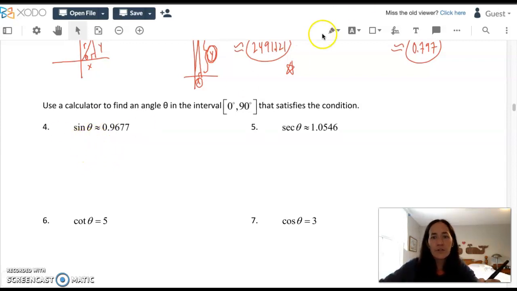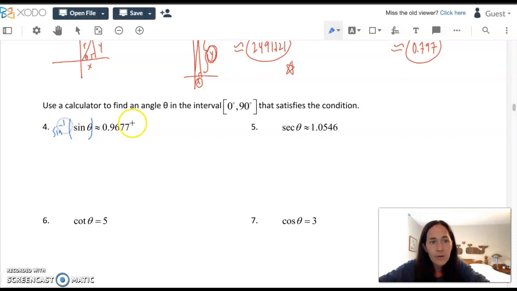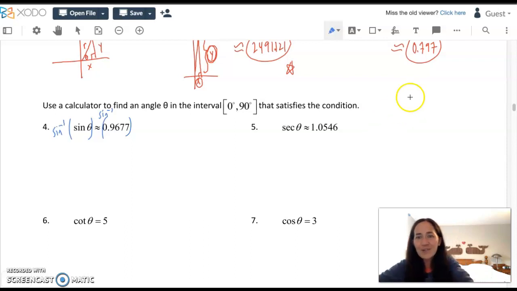What you're going to do with a calculator is take the inverse sine of both sides. So the sine to the -1 of this side and sine to the -1 of the other side. It's an annoying part of mathematics when one notation could mean two different things. I know that -1 power reminds me of x to the -1 means to flip. But here, this is actually not what we're using this time.